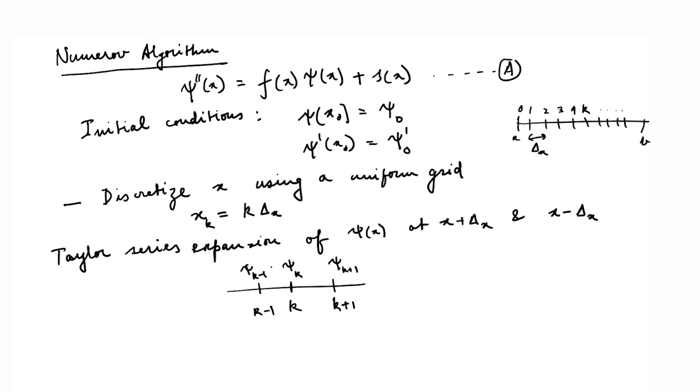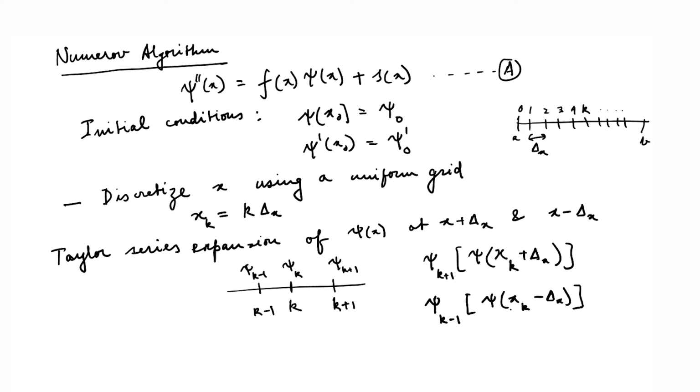So, I am going to write psi k plus 1 as psi at x k plus delta x, and psi k minus 1 as psi at x k minus delta x. And for these I will do a Taylor series expansion about x k. So, what I will get is the following.